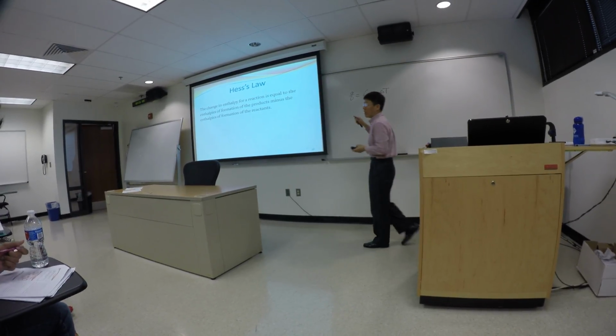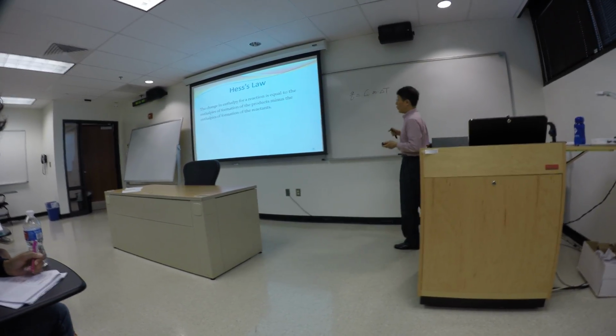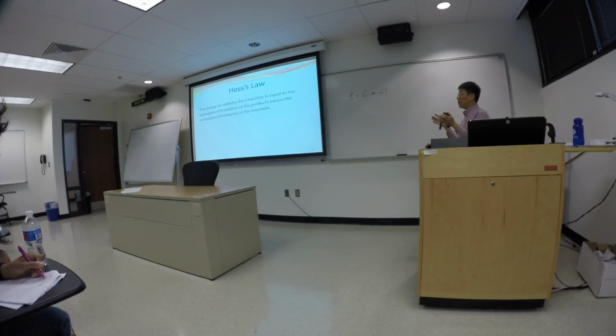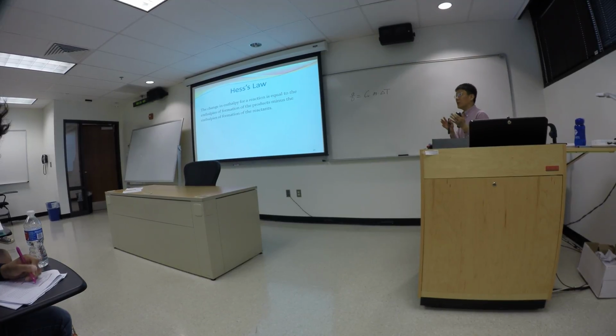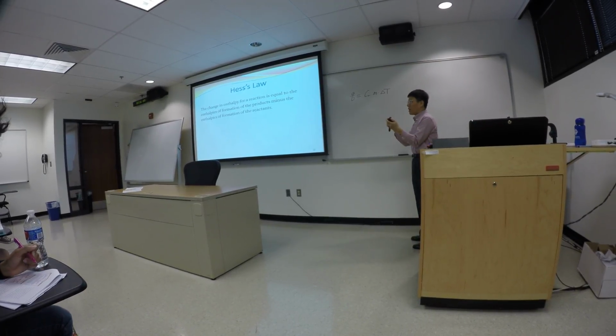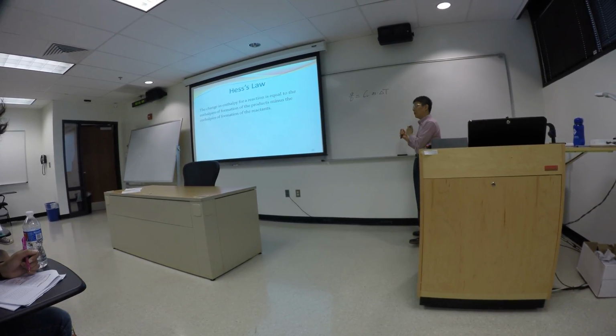Now this equation we actually showed you when we introduced the term enthalpy. The enthalpy change for a process equals the summation of the enthalpy from the products minus the total enthalpy from the reactants.